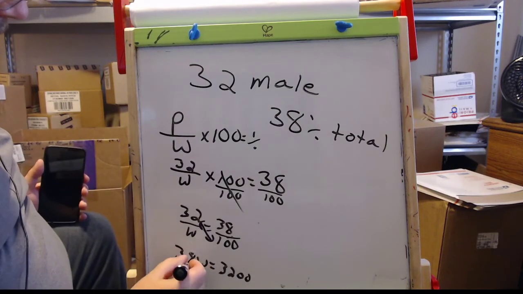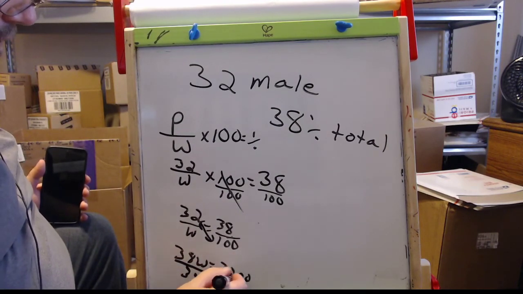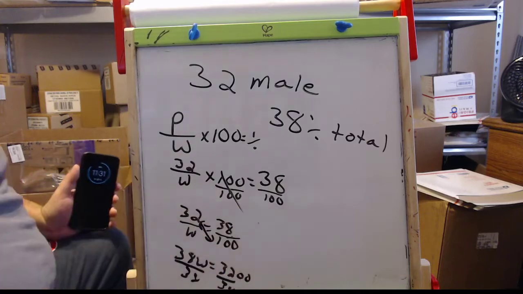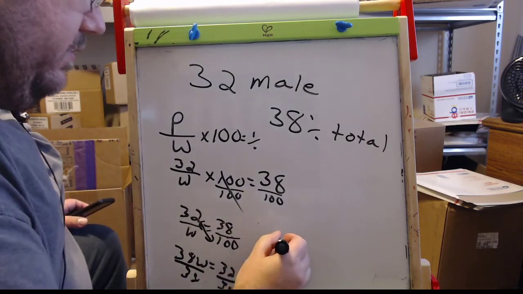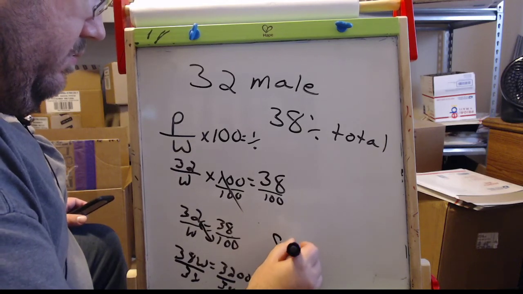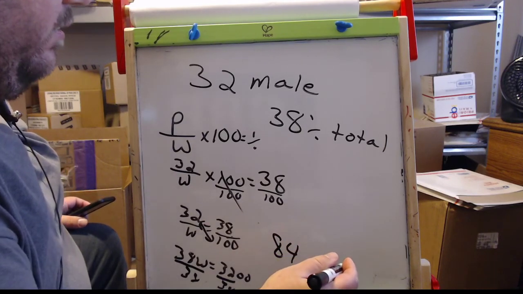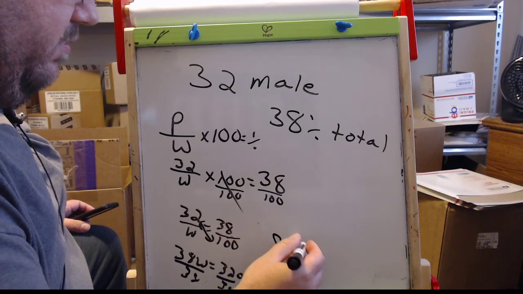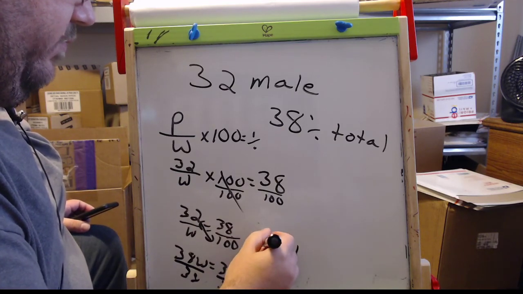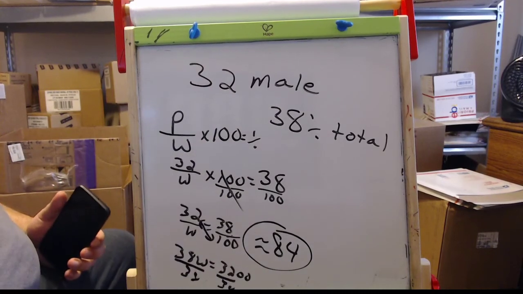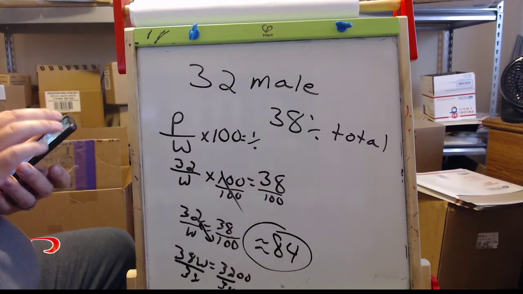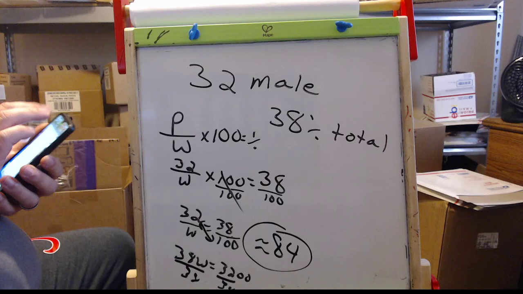And we end up with the answer being roughly 84 students. It ends up being 84.21, but you can't have 0.21 of a student. So we end up with 84 students.